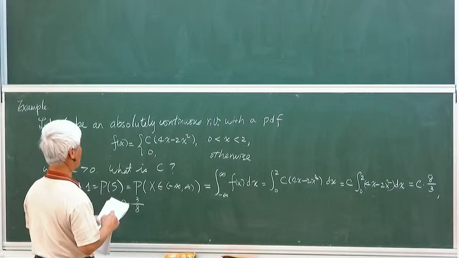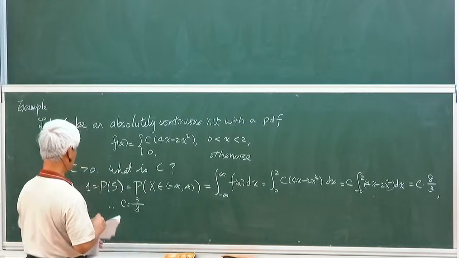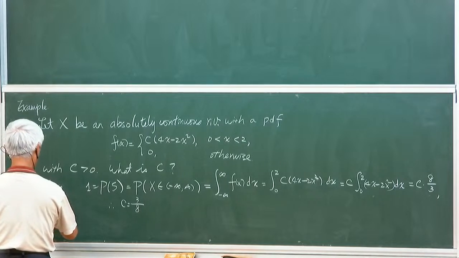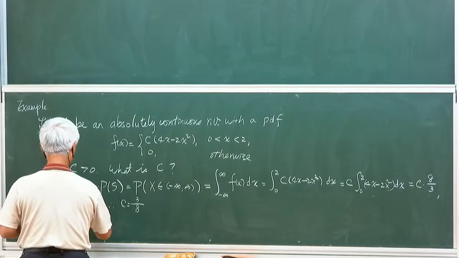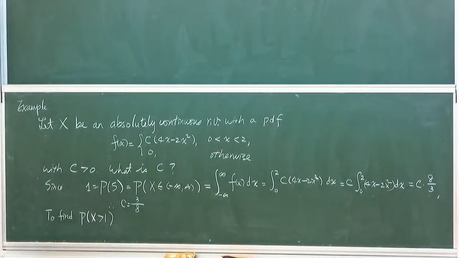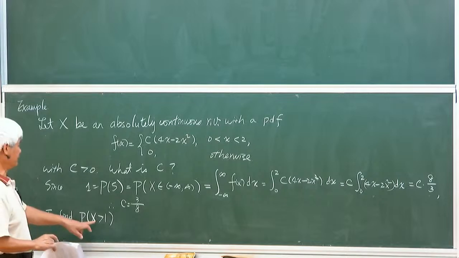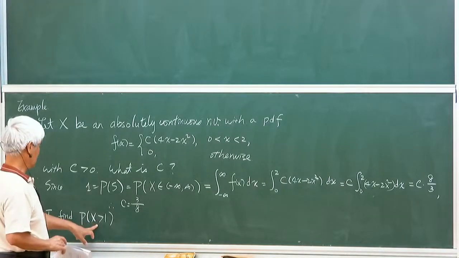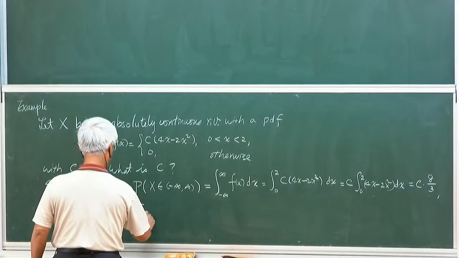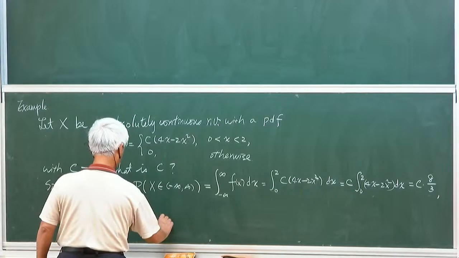So we find C exactly here, and we can also find the probability of the event described by the random variable X. All right, so we know this is actually X in what? 1 to infinity.